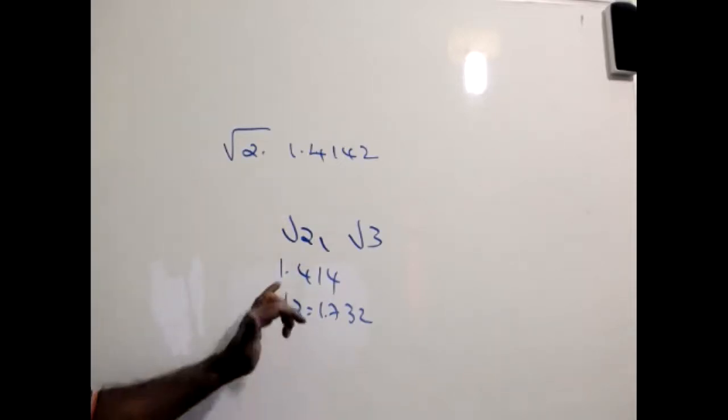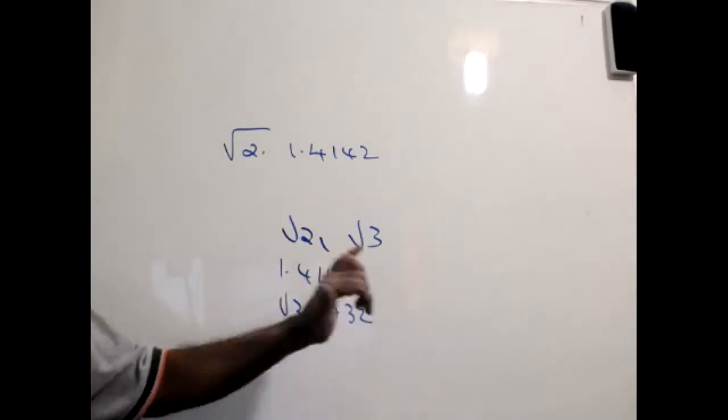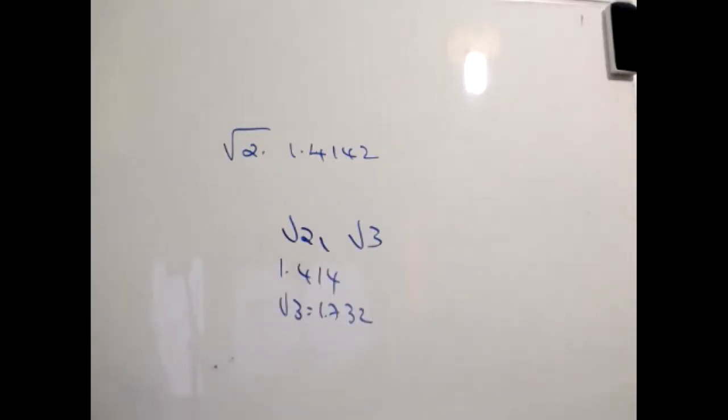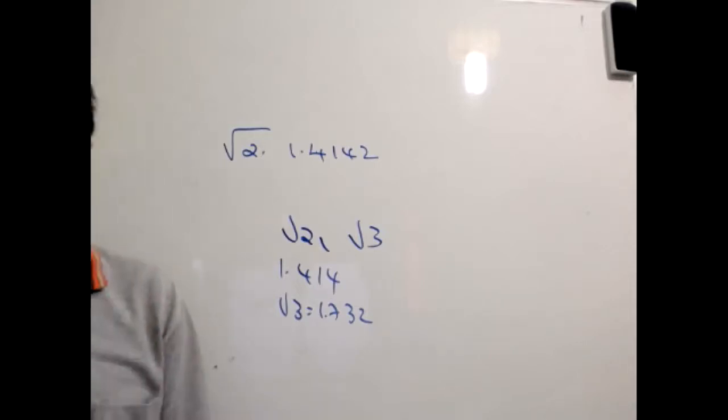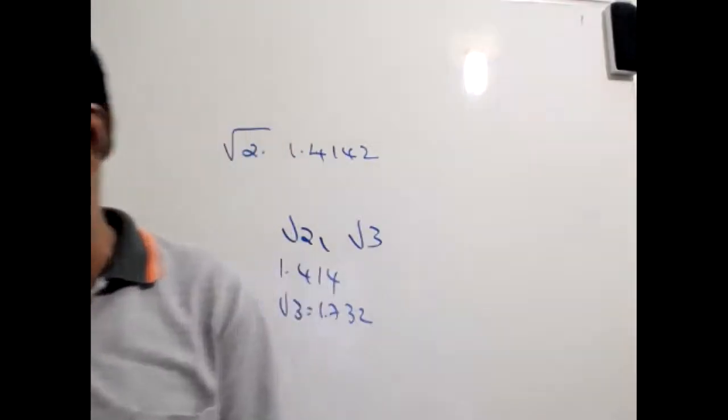Root 2 is 1.414, root 3 is 1.732, so we can write 1.5, easy. Root 5 is 2.4, not 2.414, so correct that one. Anyway, come back to the question.